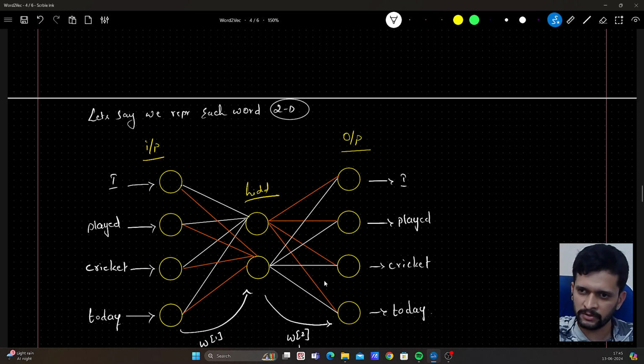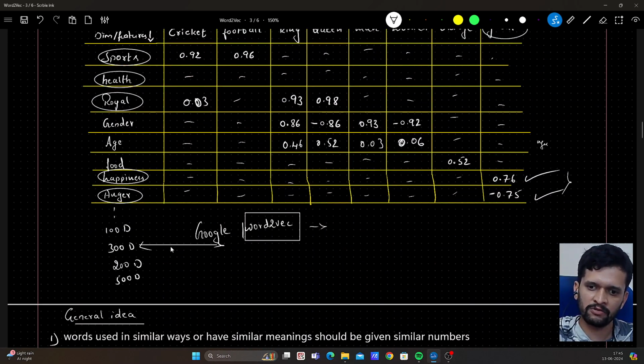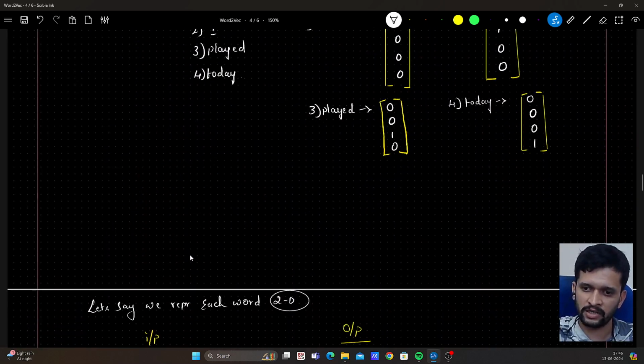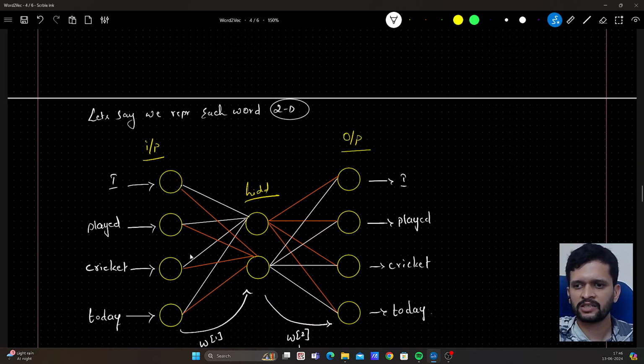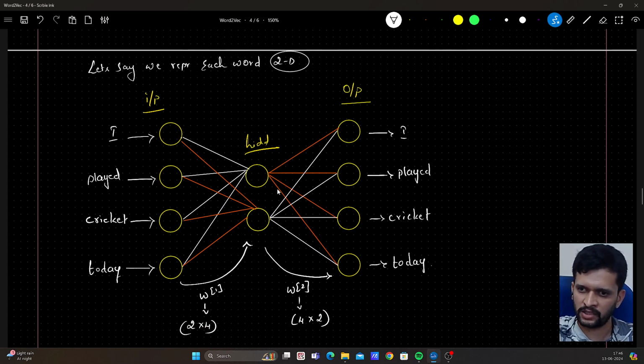So what is this two-dimensional vector space again? It's the same thing as the Google trained model, which will give us the words in a 300 dimensional vector space. To understand in a simple way, I am just considering we want to represent each word in a two-dimensional vector space, okay? So that is my assumption right now. That's why I have 2 neurons in my hidden layer, okay?